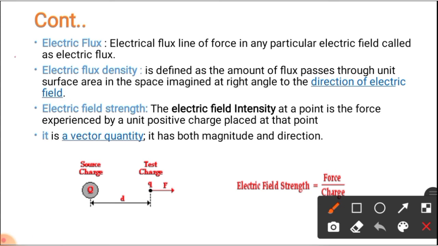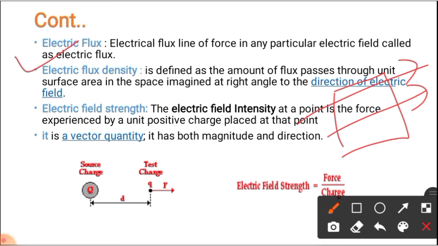Second definition is electric flux density. It is defined as the amount of flux passing per unit area. Consider this is the area in which a number of electric flux is passing.